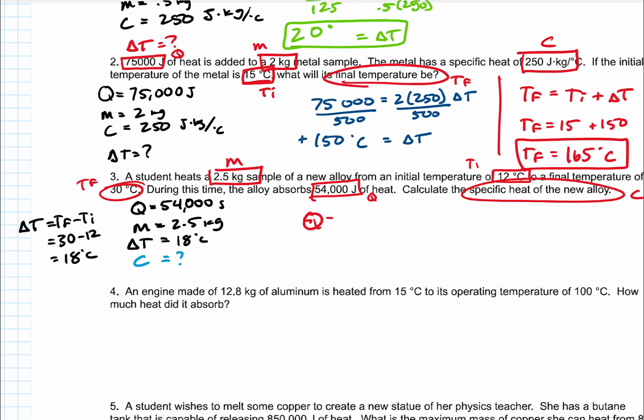So Q is equal to mc delta T. So 54,000 joules is equal to 2.5 times C, which we don't know, times delta T of 18. So we'll divide by 2.5 on both sides, and we'll divide by 18 on both sides. And that's going to give us C.